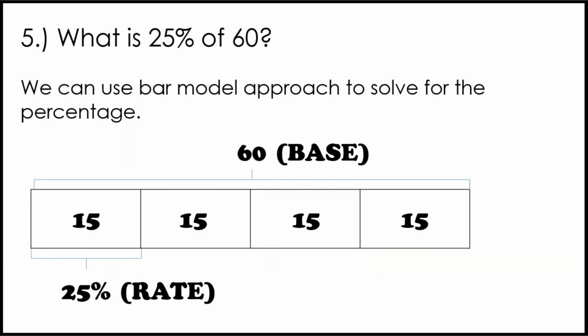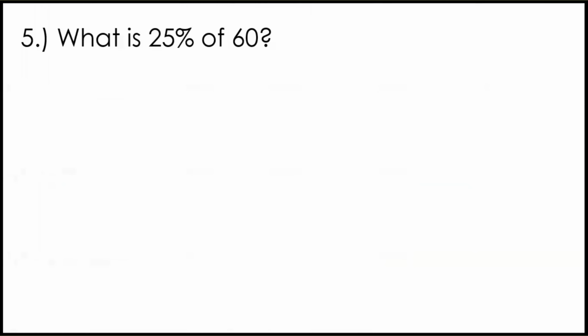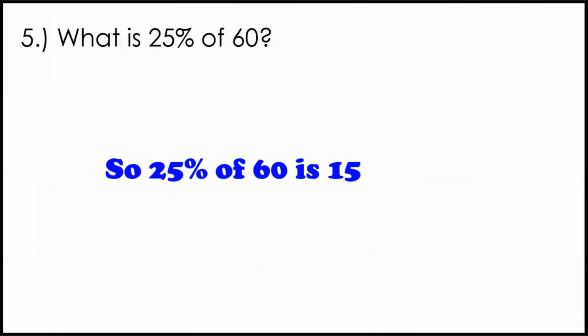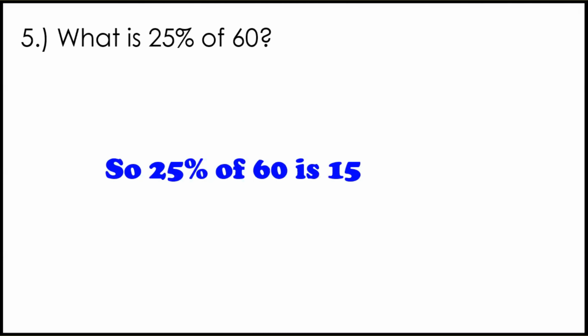So, 15 is equivalent to 25%. Yun po yung isang hati niya. Ayan, 15. So, what is 25% of 60? Therefore, 25% of 60 is 15. Wherein, itong 25% will be the rate, 60 is the base, 15 is the percentage.